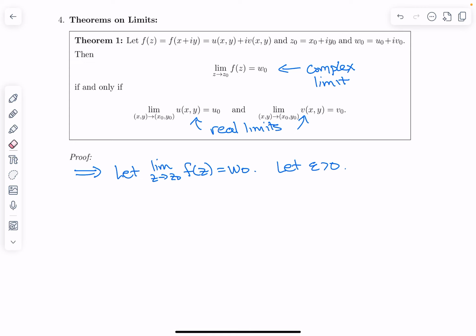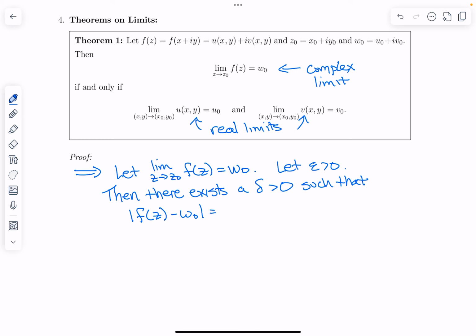Then we can say there exists a delta greater than 0 such that the modulus, or the length, of f of z minus w0, which we could rewrite as u plus iv minus u0 plus iv0, is less than epsilon for z minus z0.